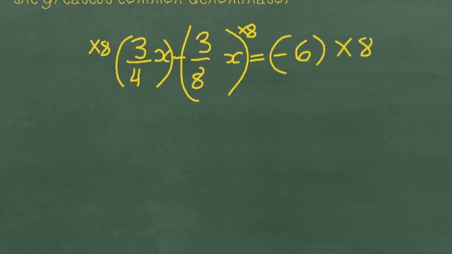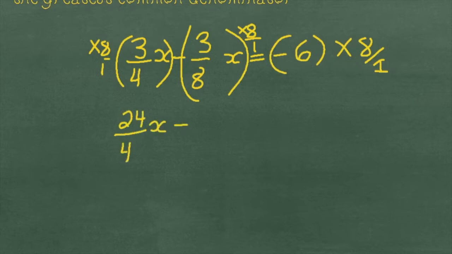If I multiply fractions by a regular number, we just multiply across the top, because this is like 8 over 1, 8 over 1, and 8 over 1. So in the first fraction we get 24 over 4x, minus, over here we also get 24 but over 8x, and over here we get negative 48.